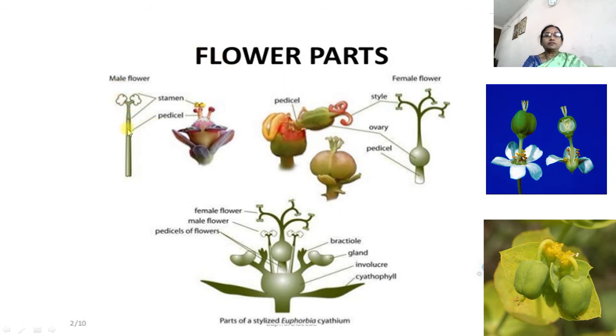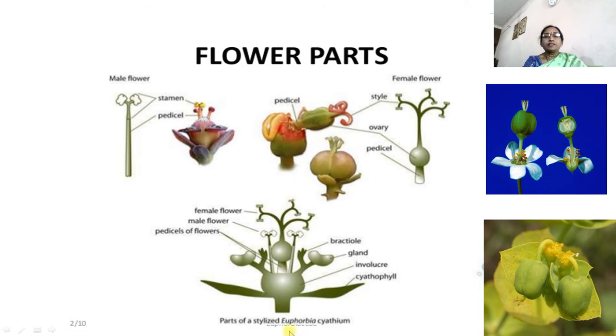This is the male flower, made up of a single stamen. Here is the pedicel, this is the stamen. This is the female flower. The female flower is made up of the ovary, the pedicel, and these are the styles, and above there is the stigma.